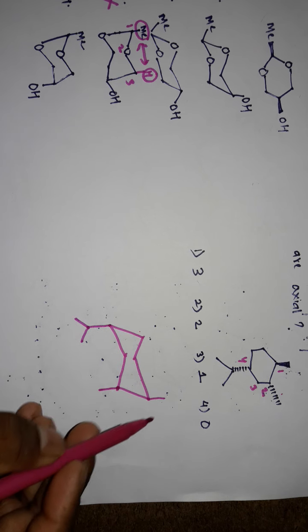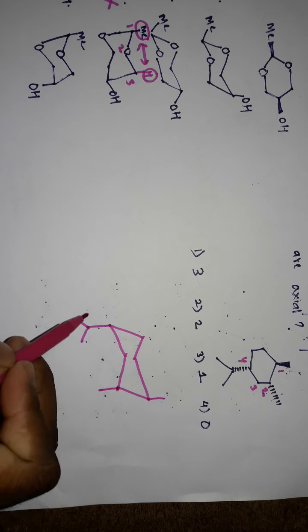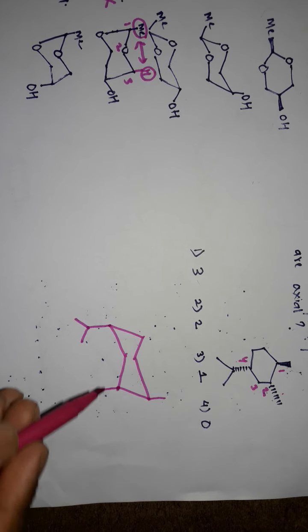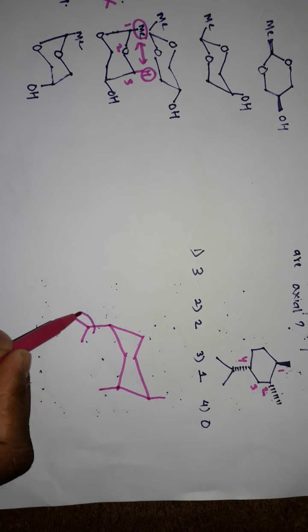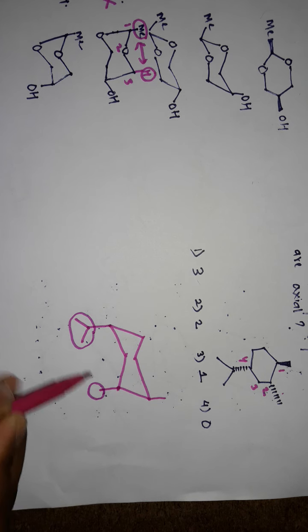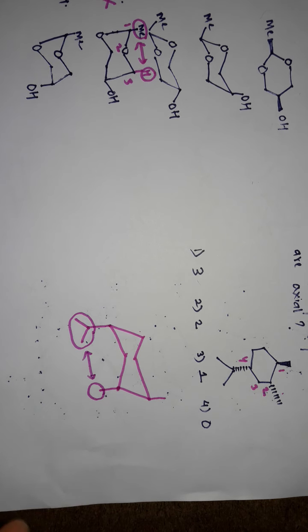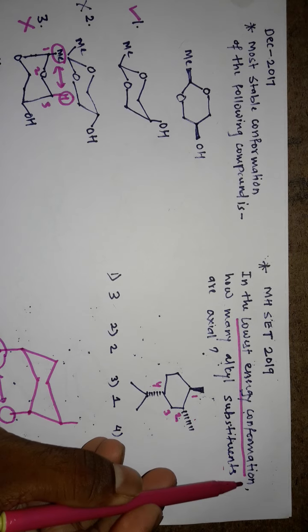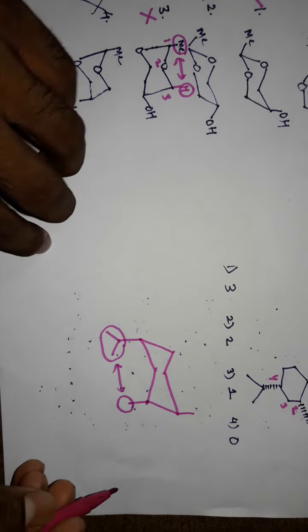So in this structure all 3 bonds are axial bonds, but the problem is this structure is not the stable structure. The reason is there is a huge 1,3 diaxial interaction. So we cannot consider this structure because they have mentioned lowest energy conformation. So we need to change the structure.